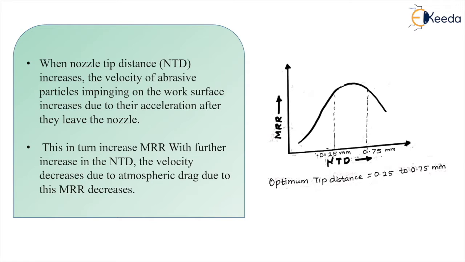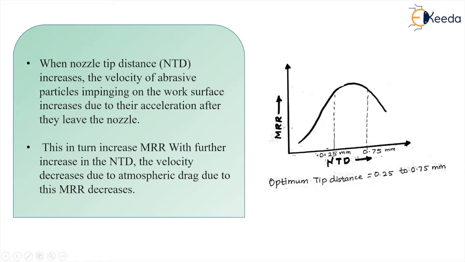So because of that you see a rise in MRR. First MRR increases as we increase the nozzle tip distance because the velocity of abrasive particles increases, and after some time it goes on decreasing.